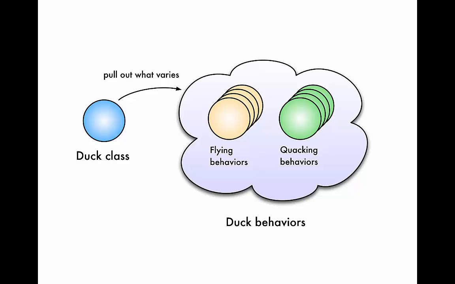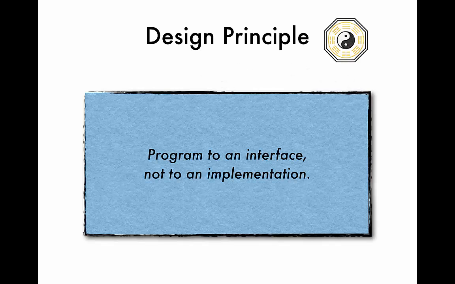Something similar can be said about the quacking classes. In fact, these interfaces, let's call them FlyBehavior and QuackBehavior, will be a key part of our design. Which brings us to our second design principle: program to an interface, not to an implementation.